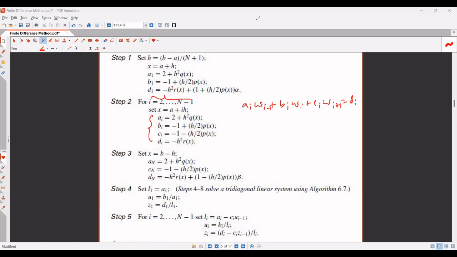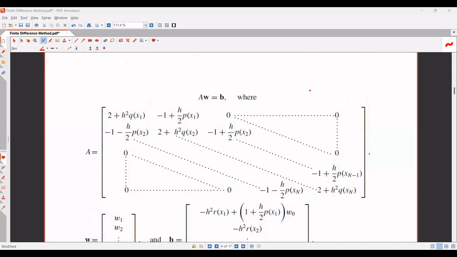Now, the only problem is the first and last rows are different. The first and last equations are different because there are only two non-zero entries in the first row and same for the last row, because we already know the values of y_0 and y_n.